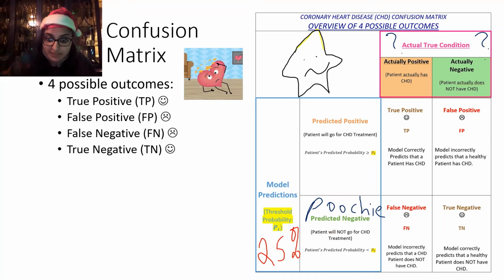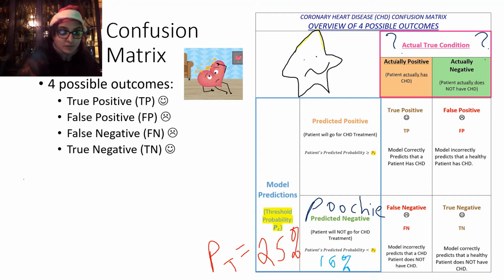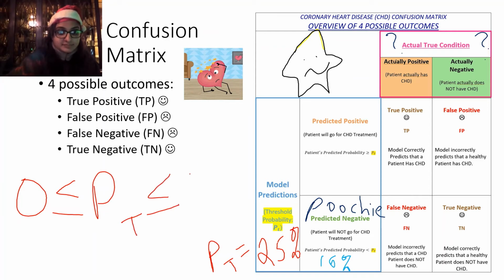Remember, the 25% is the doctor's threshold. It could be anything between 0 and 1.